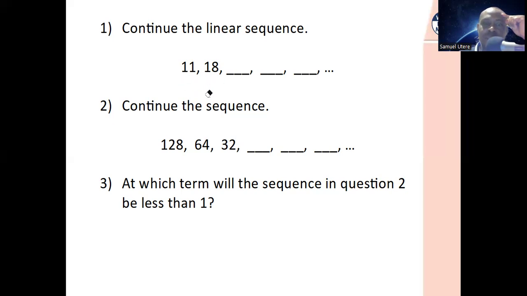So we're adding 7 every time. So to continue the linear sequence, you would have this. You add 7 to 18, you have 25.